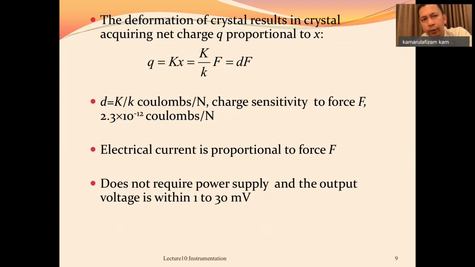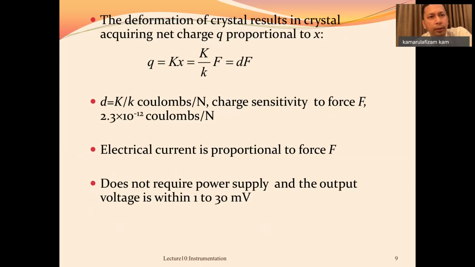With that amount of pressure, you can observe how much they change, and when they change, you can use the constant down there to see how much charge, or Q, you are observing. And they say here that electrical current is proportional to the force F. So the bigger the force, you can observe more current and more voltage too.